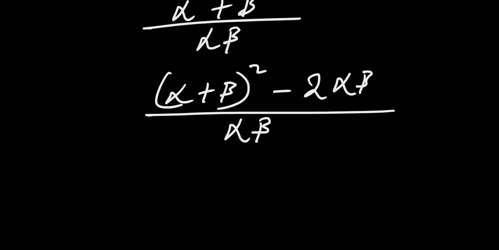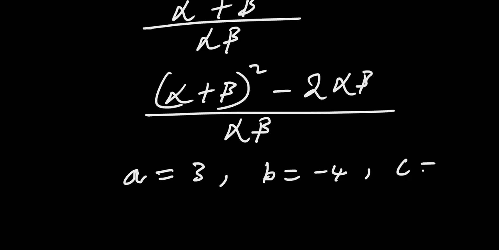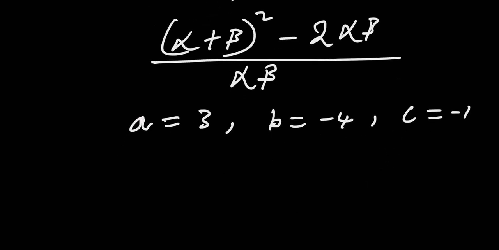Now, recall that a is equal to 3, b is equal to -4, and c is equal to -1 from the given equation. And you remember that the sum of alpha and beta is -b over a.